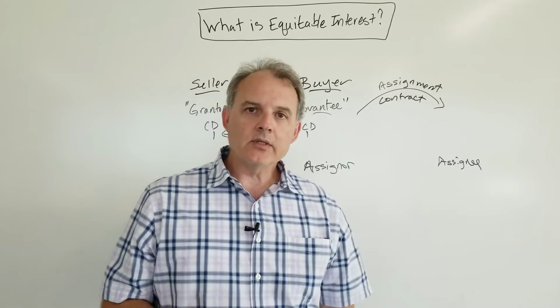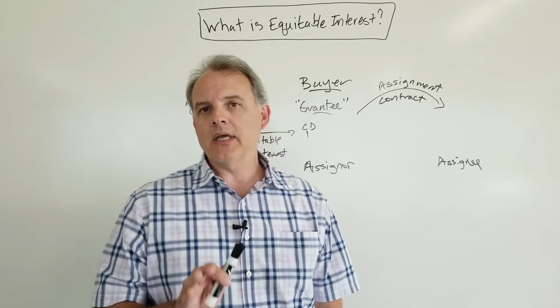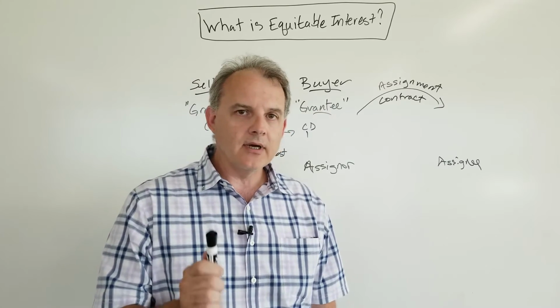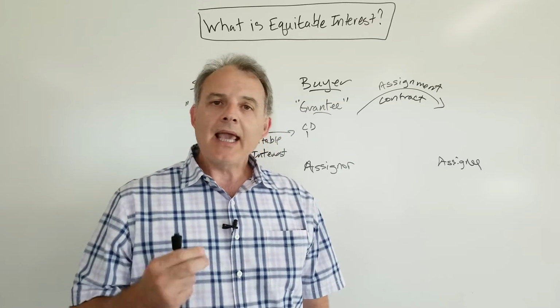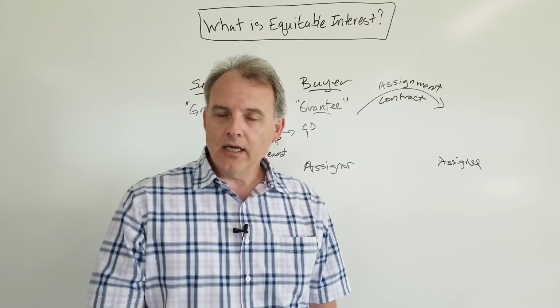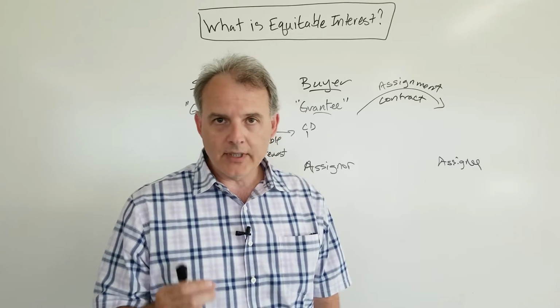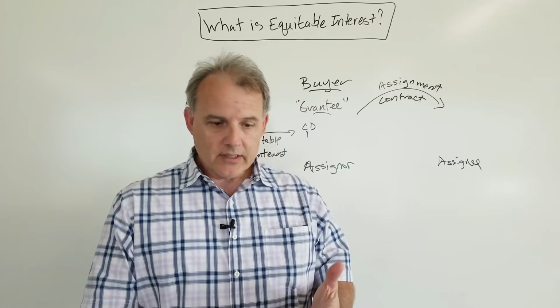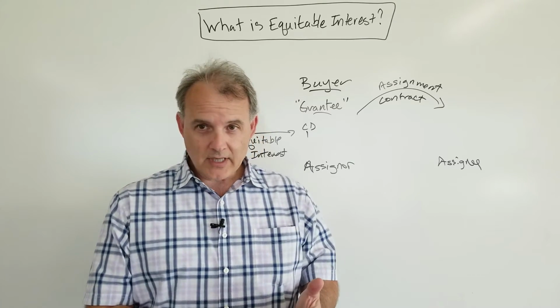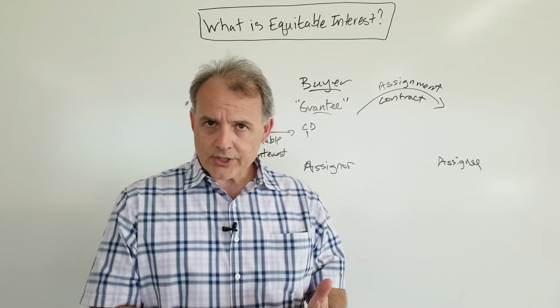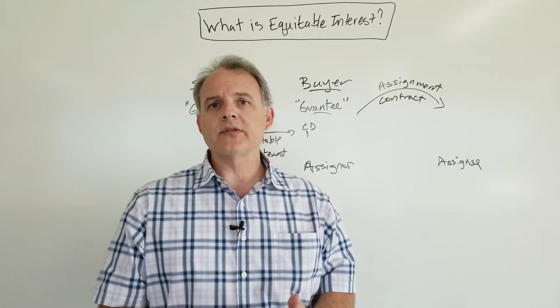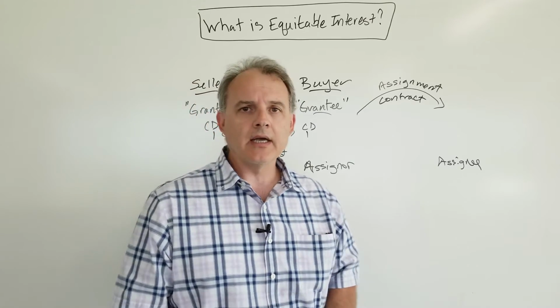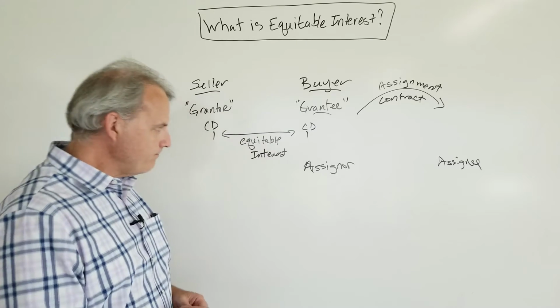Now understand in this scenario that every real estate contract, with the exception of a listing contract, can be assigned unless the contract specifically prohibits it. So purchase contracts can be assigned, lease agreements can be assigned, mortgages can be assigned, options can be assigned. All of those are real estate contracts that are assignable.